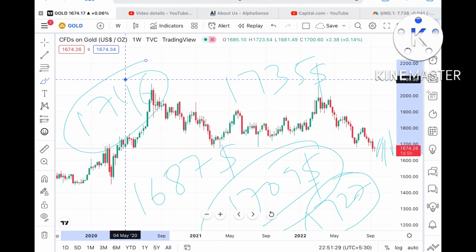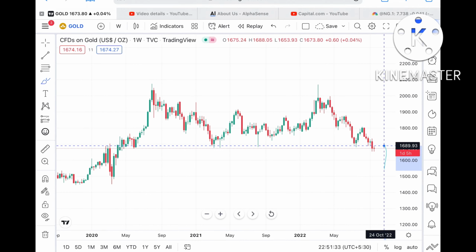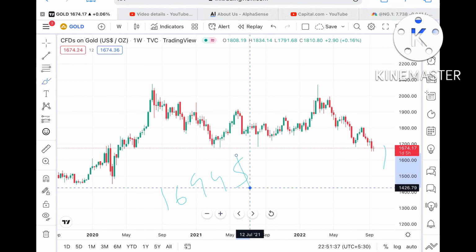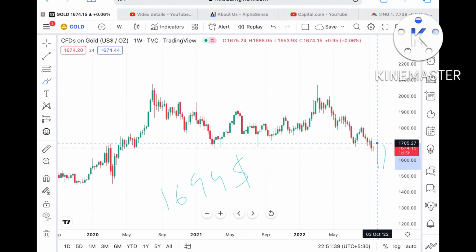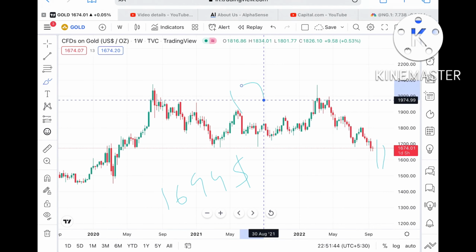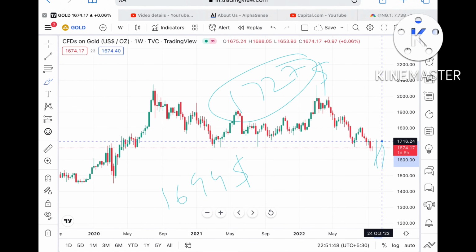Again I repeat, if the price sustains this particular level, it can go further upside and touch a level of around 1694. Once the price goes above that level, it can touch around $1727, again a weak resistance, so the probability will be very high.